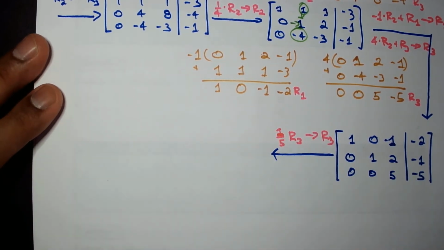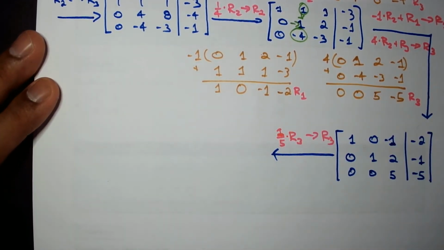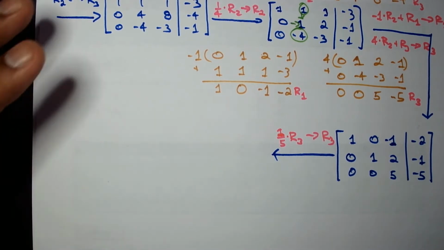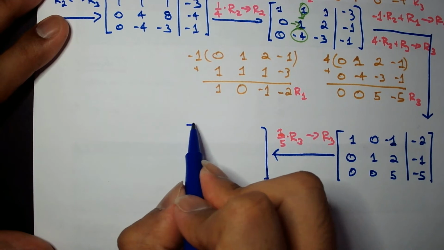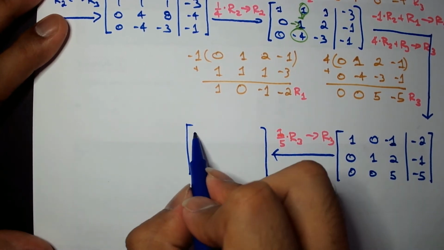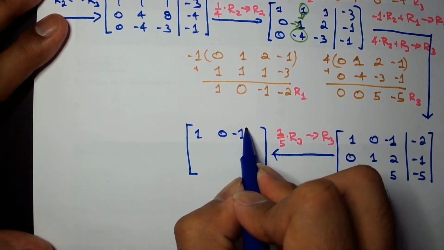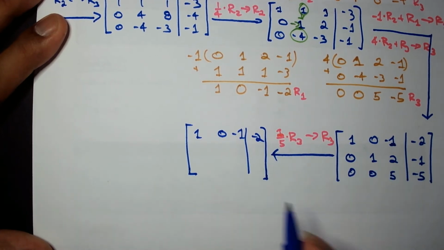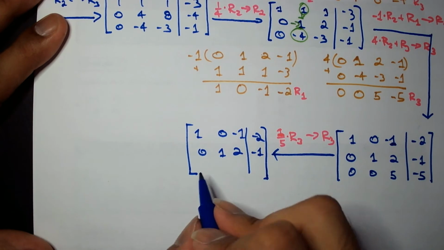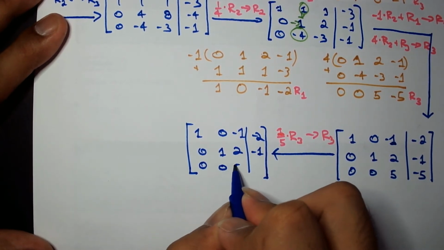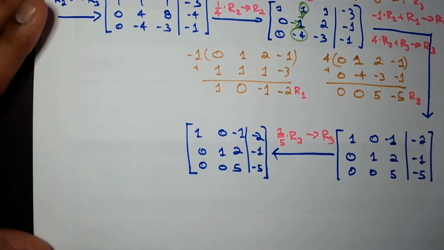Okay, that's multiplication. So all we do in this case, well, that's 1, 0, -1, bar -2, 0, 1, 2, -1, and 0, 0, 5, -5.